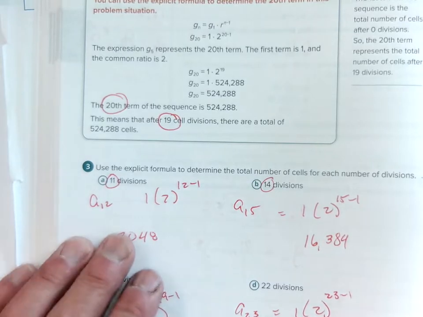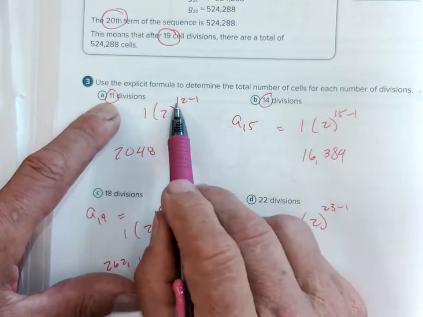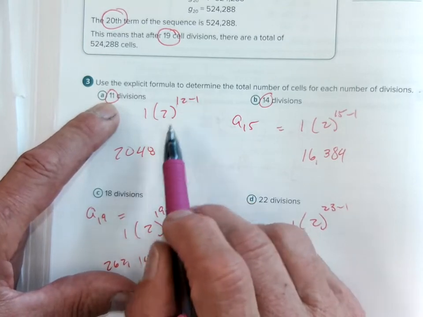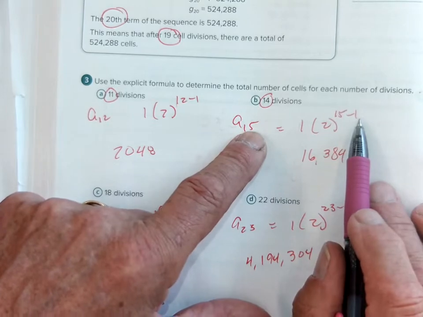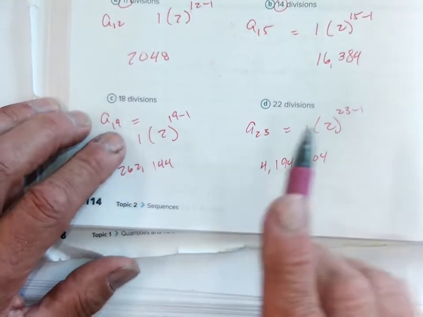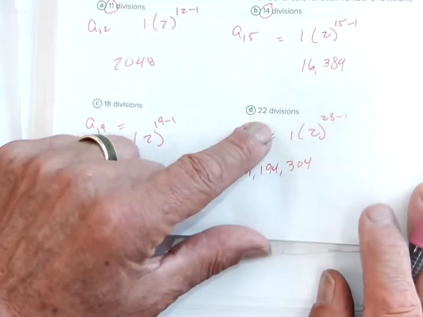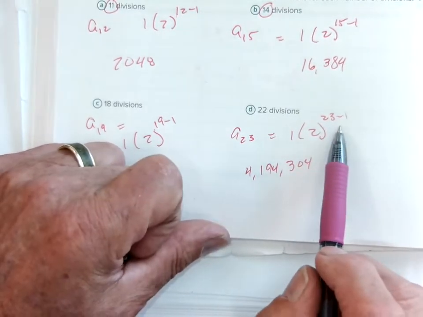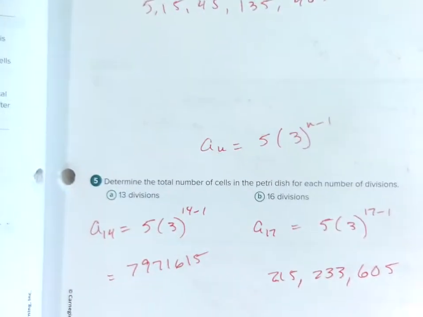On these, to get the 11th term, we'd have to put 11 in, 12 minus 1, and we get that answer. Okay. For the 14th term, we'd have to put in 15 to get that answer. To get the 18th term, we have to put in 19 to get that answer. To get the 22nd term, we'd have to go 23 because it's the 23rd term because of the first term.